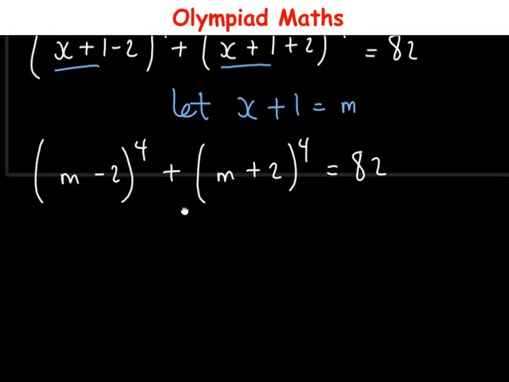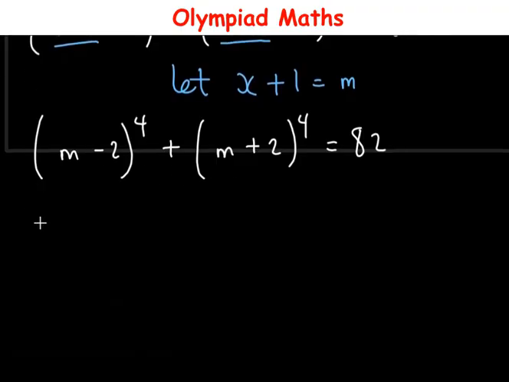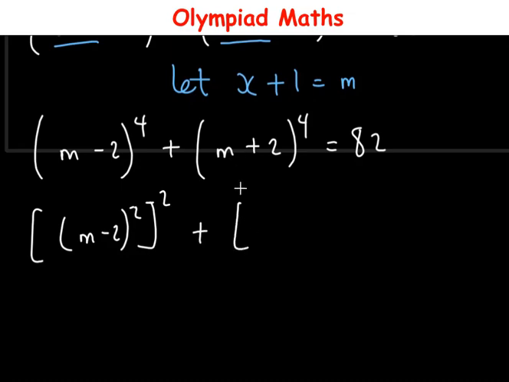So from here we can write this equation as ((m minus 2) all squared) all raised to power 2, then plus this can be written as ((m plus 2) all squared) all raised to power 2 is equal to 82.